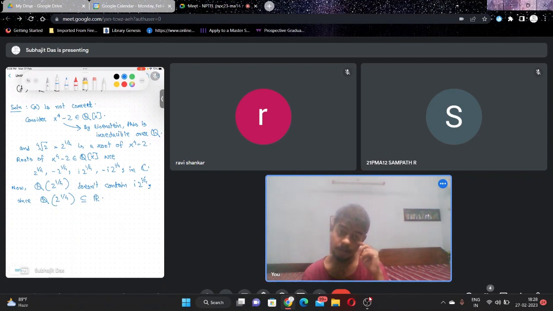For it to be a normal extension, you need that for every irreducible polynomial over the base field that has a root in this extension, all its roots must be in this extension. But we have an irreducible polynomial over the base field, namely x to the power 4 minus 2, which has one root in this extension, but not all roots are contained in it. This and this are not inside the extension.